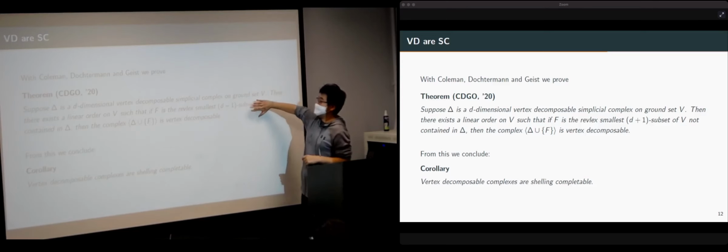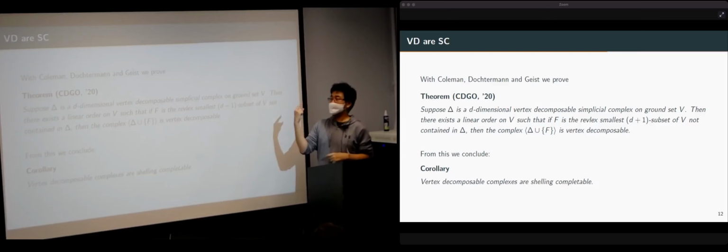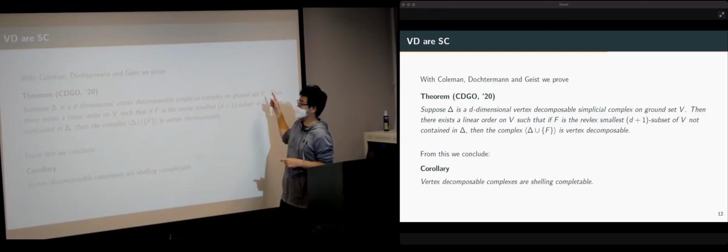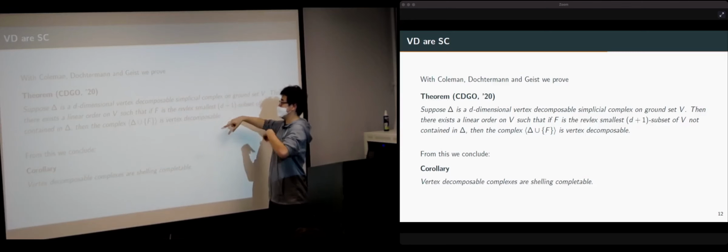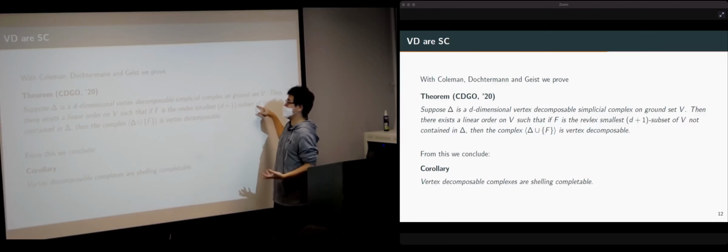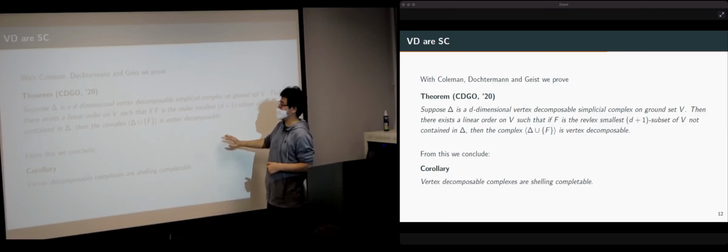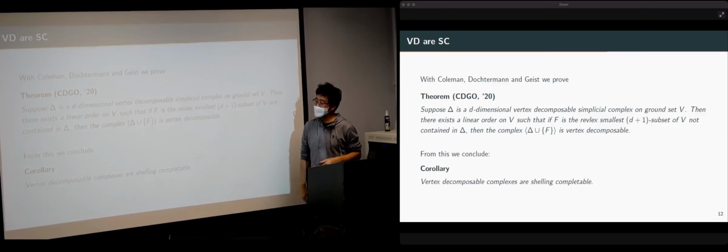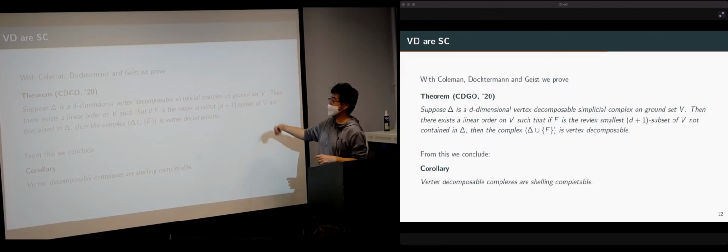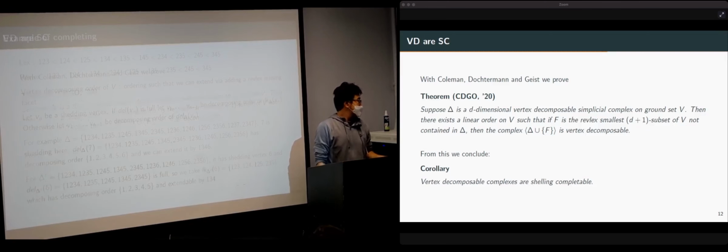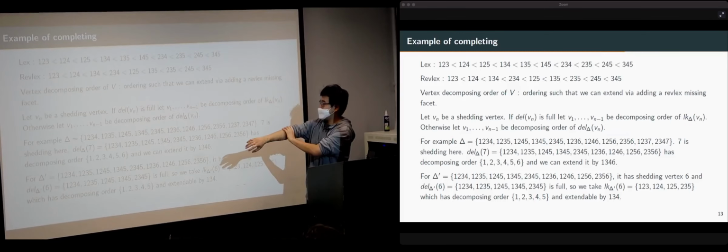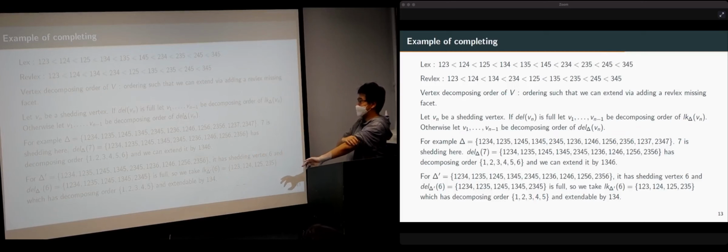So this was motivated from the properties of the shifted complexes, because given a shifted complex, there exists an ordering on the vertex set such that if you plug in the revlex smallest facet that's missing, then that is still shifted. So if you just change shifted to vertex decomposable, then it still holds. Of course, vertex decomposable is much bigger than shifted complexes. So here's a kind of ugly looking example.